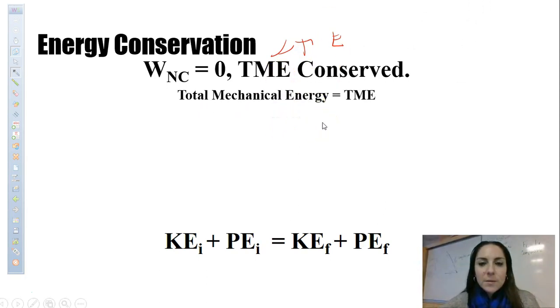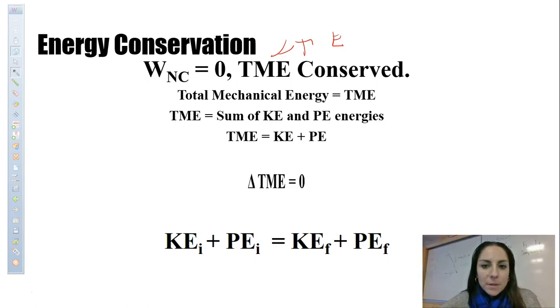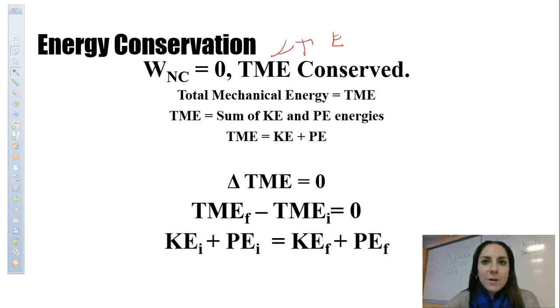That's better. And of course, total means to sum these up. So basically, the change of the total mechanical energy of the system will have to be and remain zero for energy conservation. So the total energy final minus the initial will be zero.